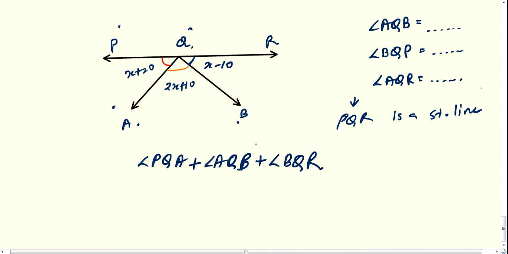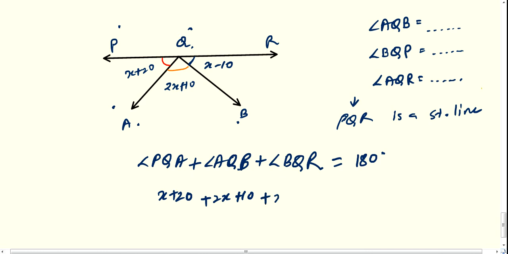Clear? So this equals 180 degrees. Now angle PQA is x plus 20, so write x plus 20. Then the second is 2x plus 10.